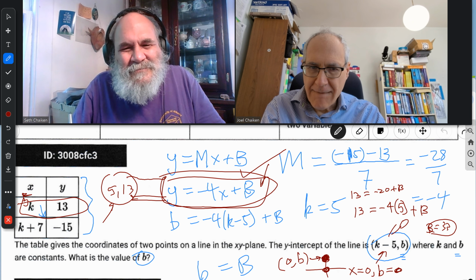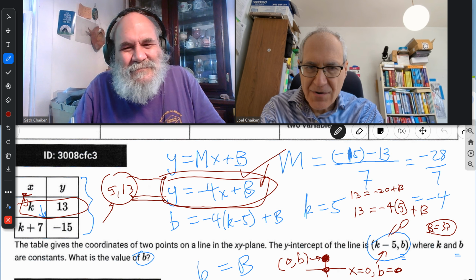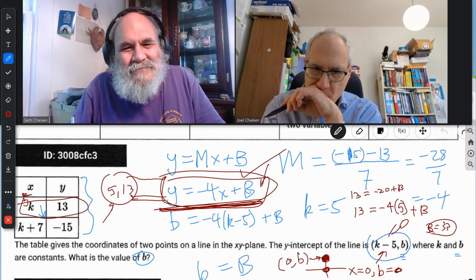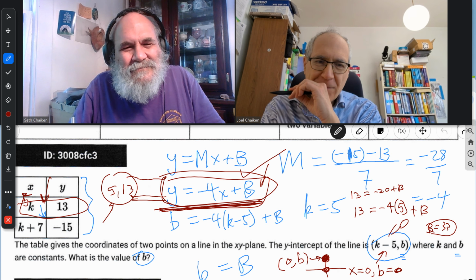Right. And if this is the equation of the line, the equation of the line has to go through this. I would have written it differently.